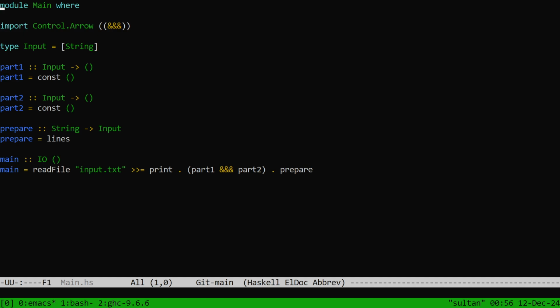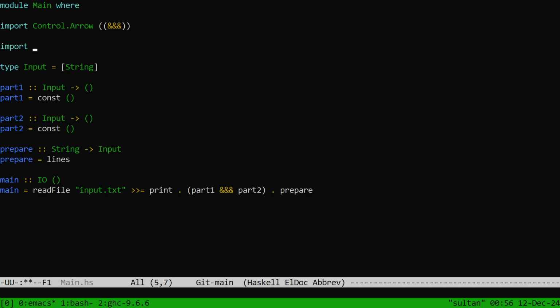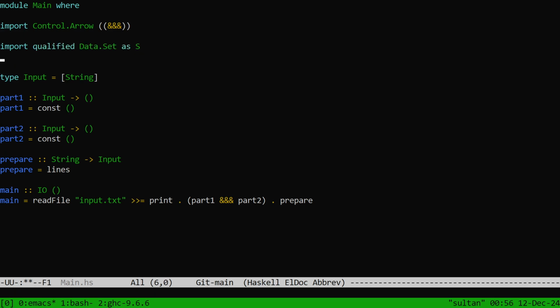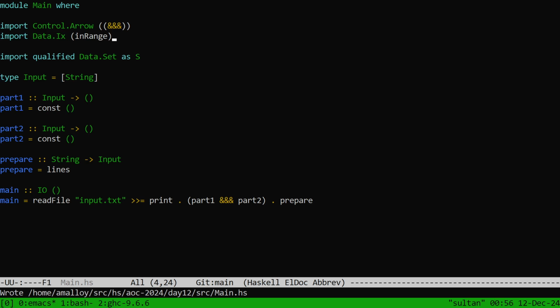I often import that from Data.Array, but we don't need an array here today, I don't think. So let's import qualified Data.Set as S. Import Data.Ix, inRange. And I think that's like all we need from there.